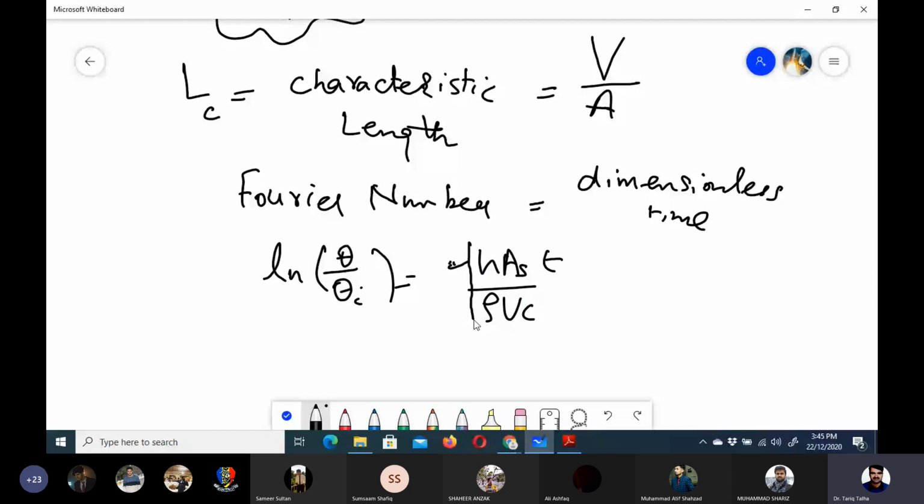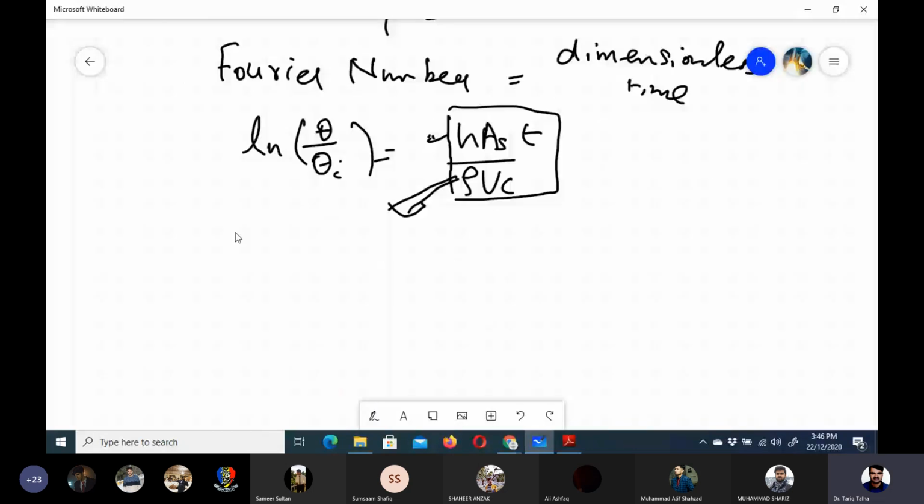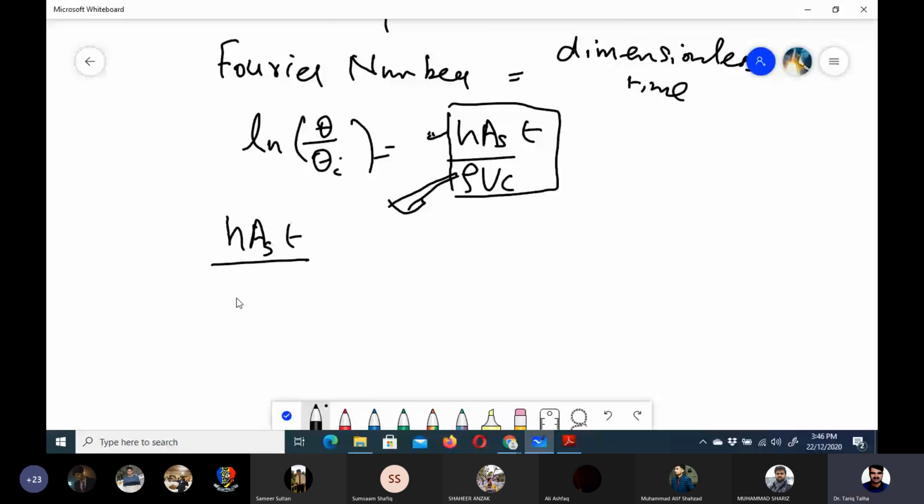So if we take this bit which is on the right hand side and try to simplify it, we are taking this bit and writing it again here: hAst on rho Vc.